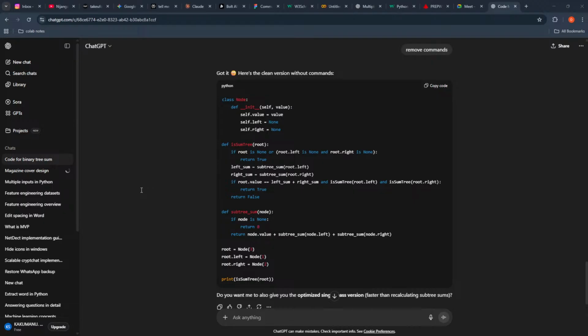Next one, nested if. Just write down nested if statement. What is the idea of nested if?